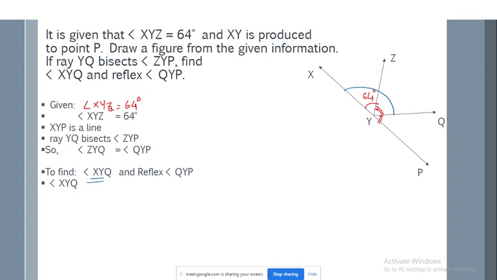Yeah, Harika. Angle XYQ is equal to 122 degrees, ma'am. 122 or 120? 122, ma'am. Okay, so Harika is saying that she got the angle to be 122 degrees. Anybody got any other answers? Tell me your answer. Ashish, did you get an answer?